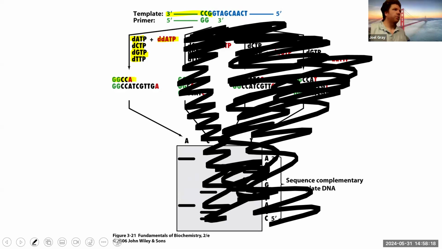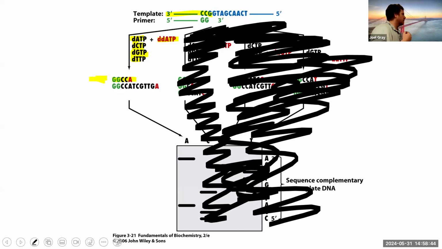And we're going to get a product that looks like this. Because what's happening is, let's go ahead and imagine that we're making this piece of DNA. GG are a part of the primer. The DNA polymerase sees the G and it says, okay, I'm going to get a C. Done. Then it sees the next G, pulls out a C. Done.